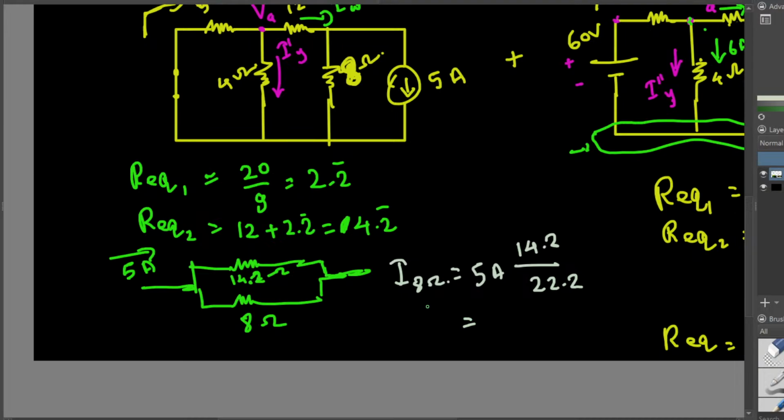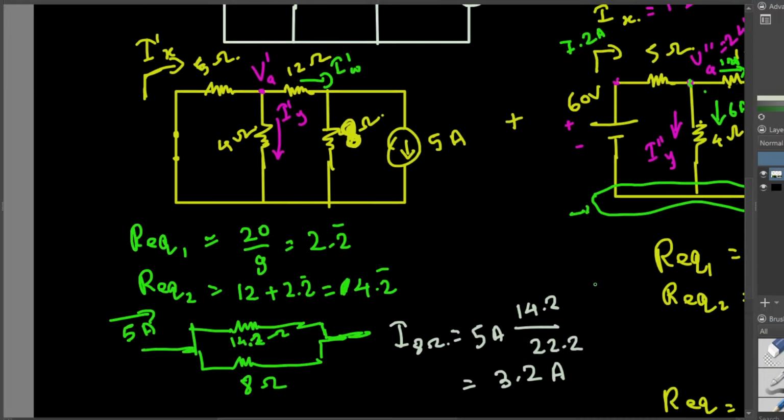Once you calculate that, you're going to get 3.2 ampere. So that's the current passing through the 8 ohm resistance.